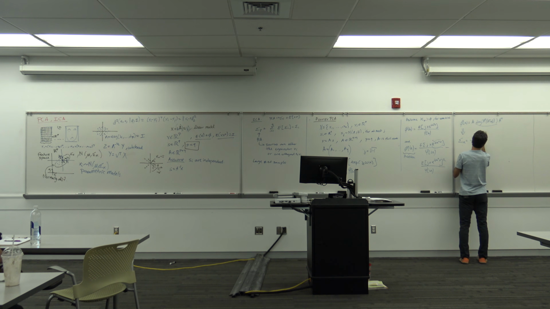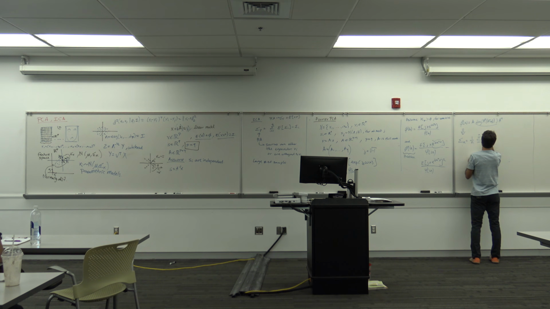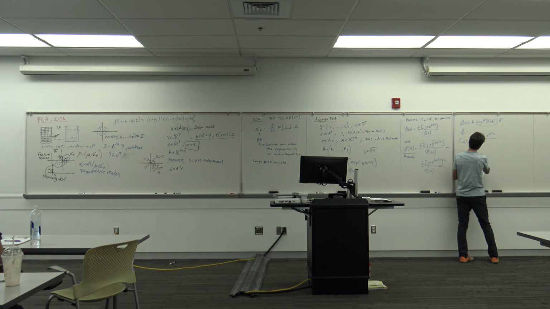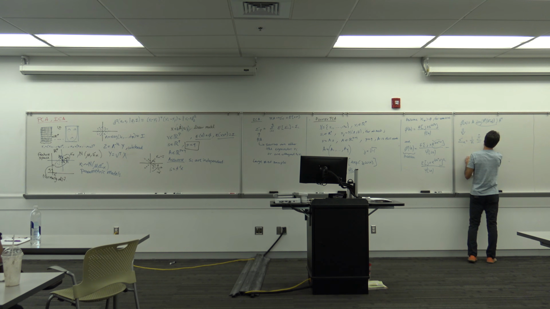This is the sum from 1 through n of e to the power of j u transpose x_i, the ith sample, I have n samples, divided by, I'm just going to normalize this with all the weights that I have.